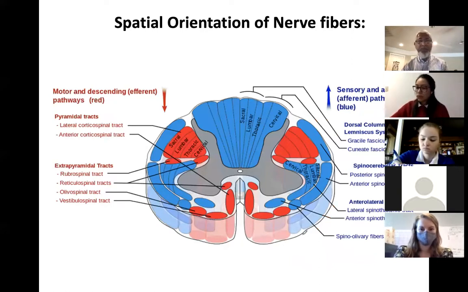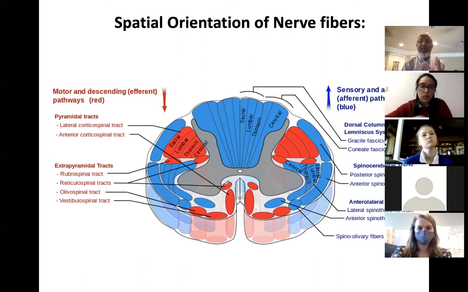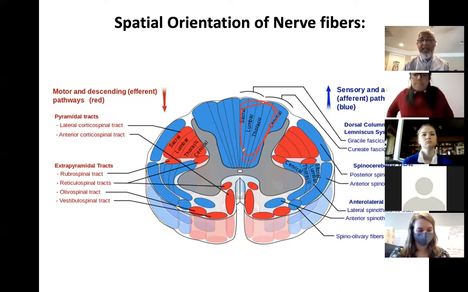That's not a problem. Now, look at when the fibers enter the spinal cord, they are positioned in a very specific way. We call it a somatotopic map or spatial orientation of the fibers. Now we see this area of the spinal cord will have sensory fibers. This is one half, and this is the other half. This half will have all the fibers carrying fine touch and position sense.